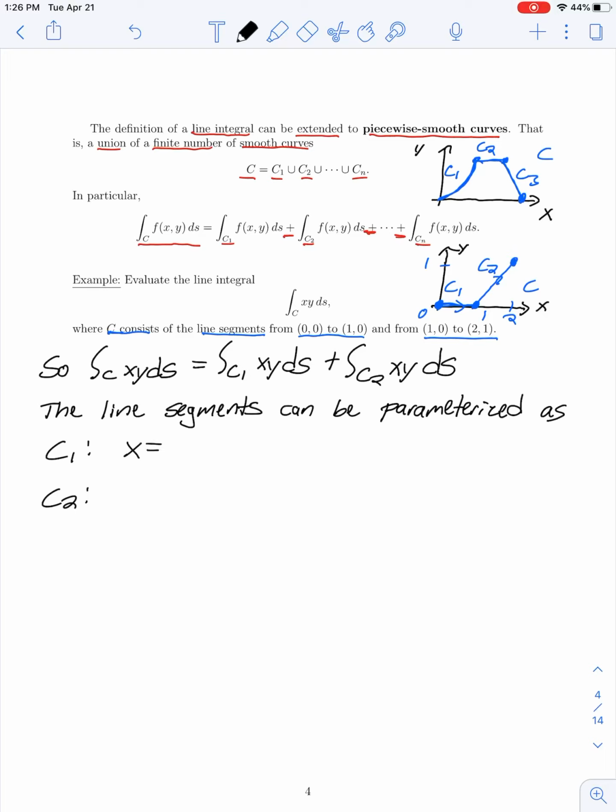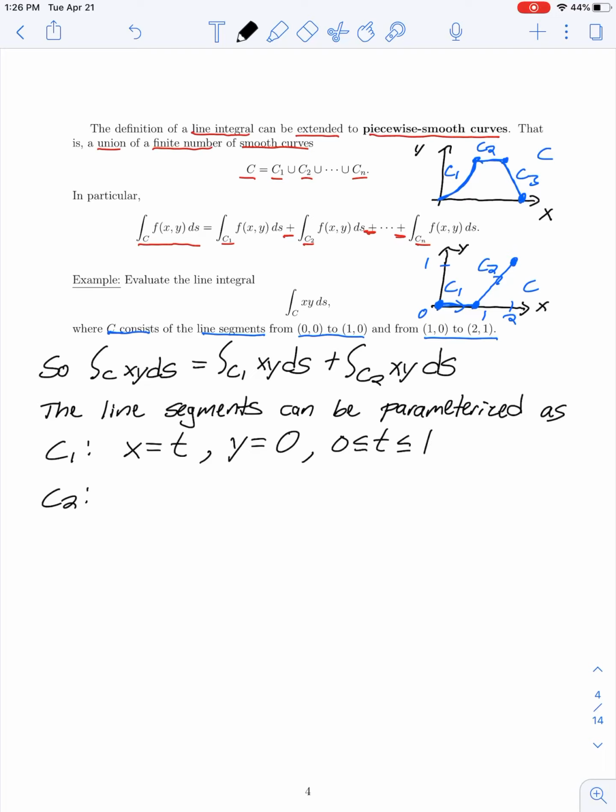So I can describe that by a direction vector, 1, 0. So my x equation would be 0 plus 1t, and my y equation would be a constant 0. For any point on C1, my y value is always 0. And our x value, which was given by t, can range from 0 to 1.